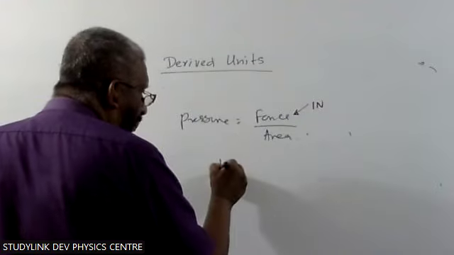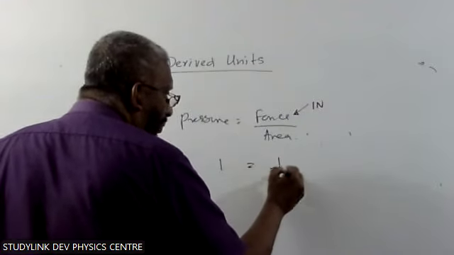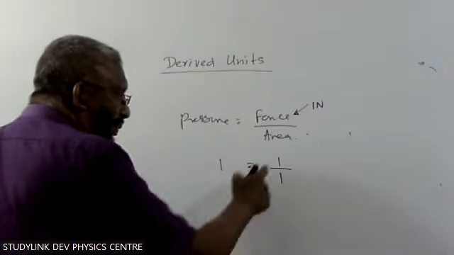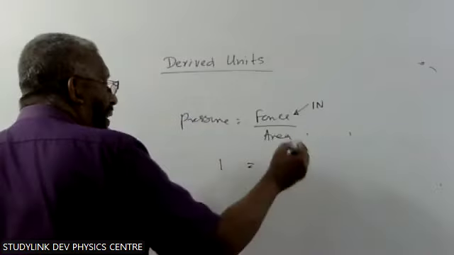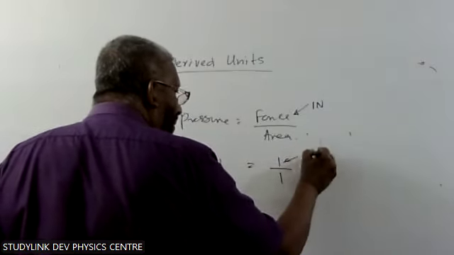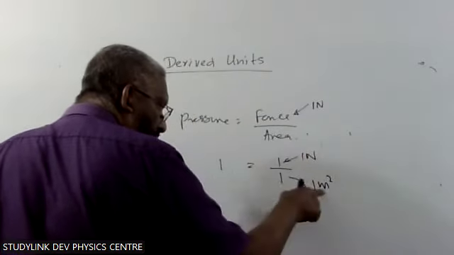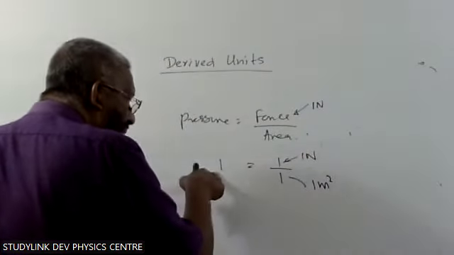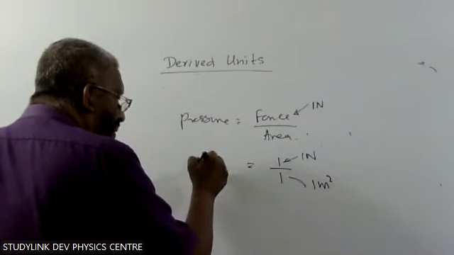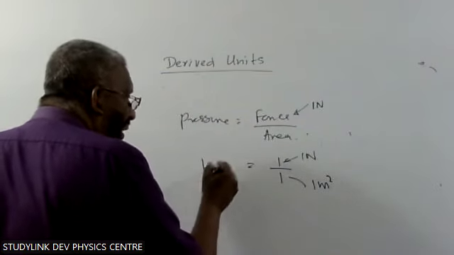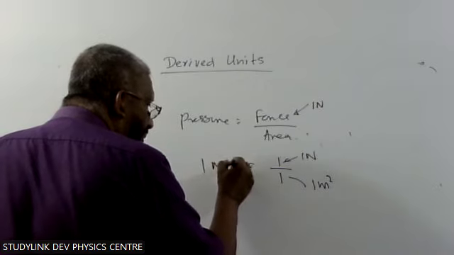So this comes as 1 is equal to 1 divided by 1. 1 divided by 1 is 1. This is 1 Newton. This is 1 square meter. Area is measured using square meter. Then this is normally called 1 Newton per square meter.